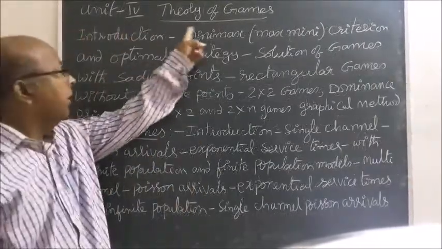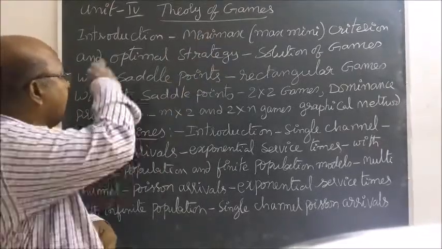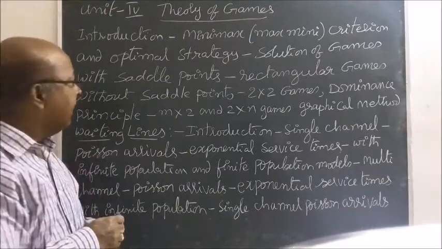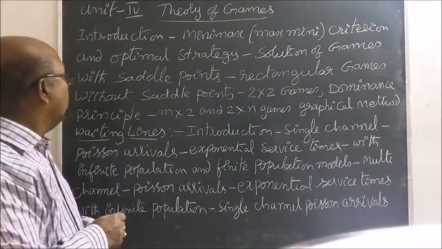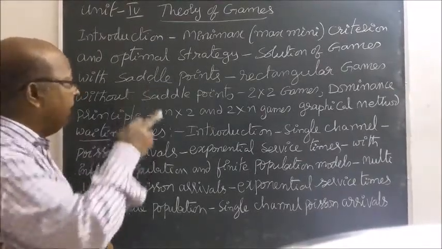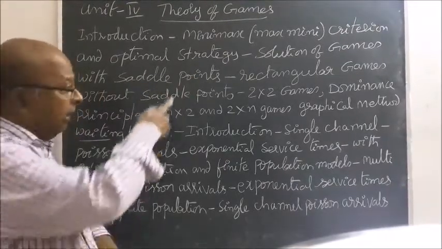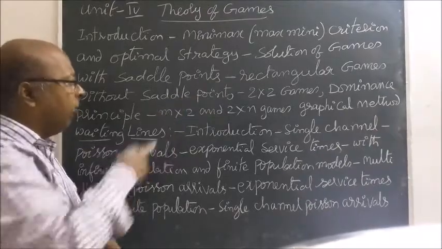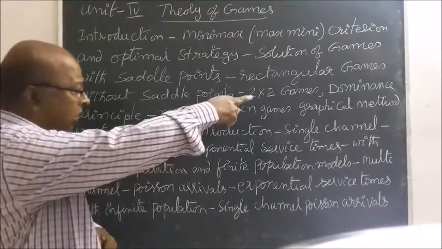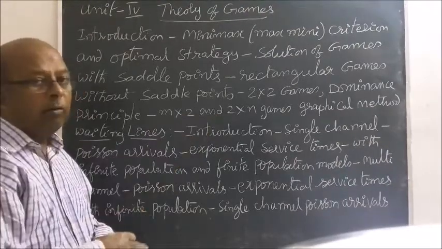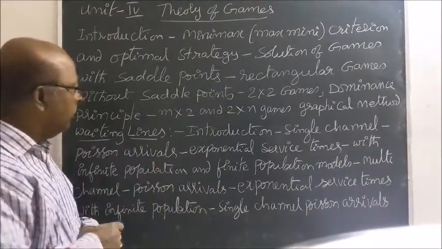Unit 4: Theory of Games. Introduction, Minimax, Maximin criterion, and optimal strategy, solution of games with saddle points, rectangular games without saddle points, 2x2 games, dominance principle, m x 2 and 2 x n games using the graphical method.